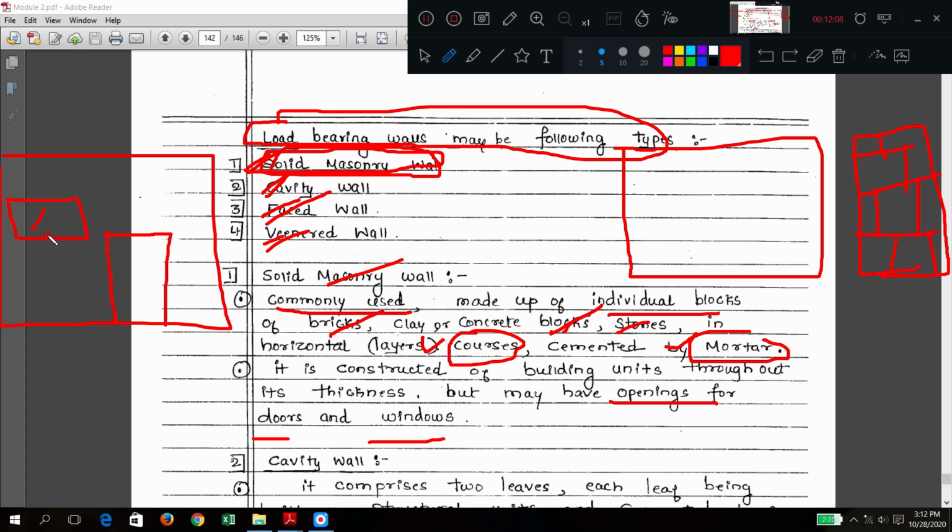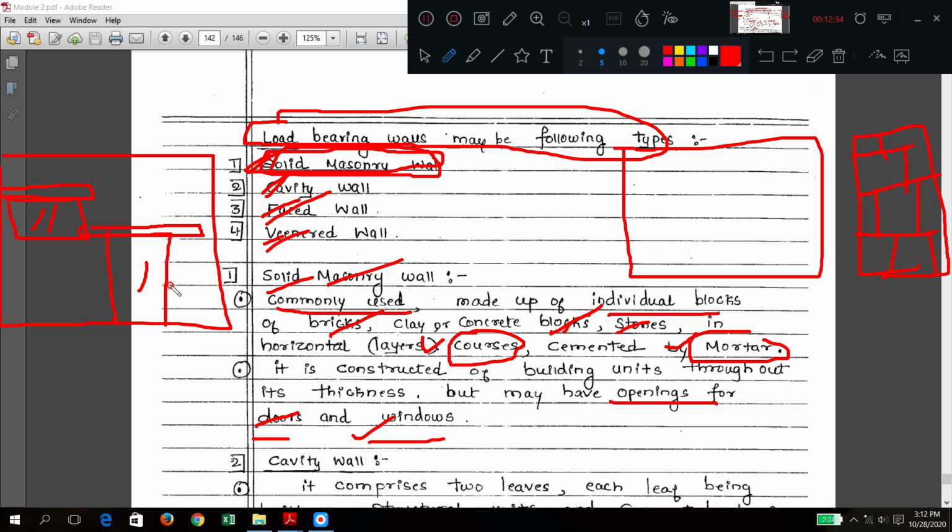For ventilation, sound purpose, air movement, access and movement, everything we require openings. So above the opening we generally provide what? Lintels. For what reason? Again for stability or strength. So in a solid masonry wall also we can have doors and windows, no problem.